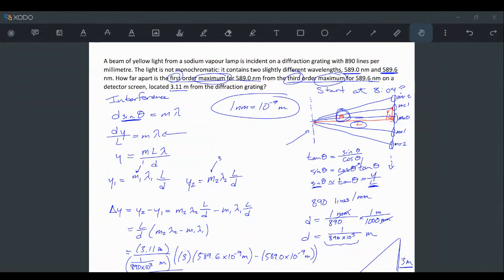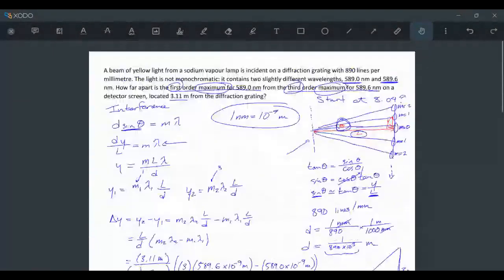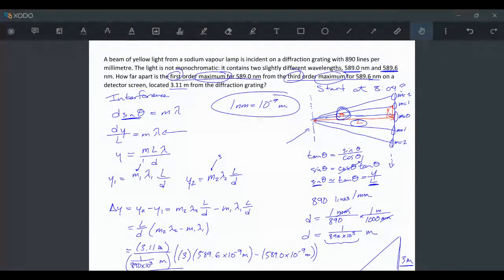What I did is I used the small angle approximation to relate sine theta to the geometric quantities, L and Y. Maybe I'm misinterpreting your question a little bit, but you want to see how to find the angle for the third order maximum. I think there might be a tiny amount of me not understanding what you're asking.